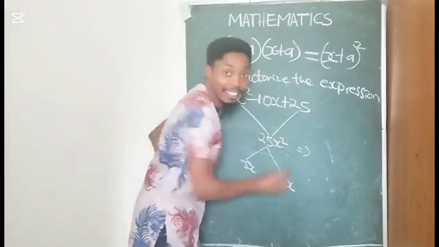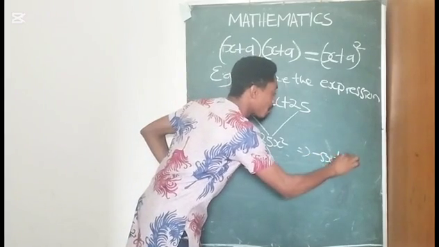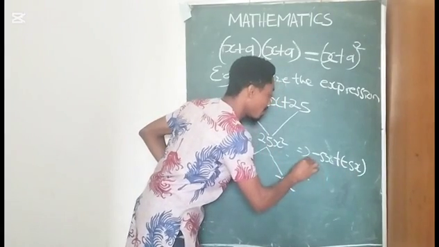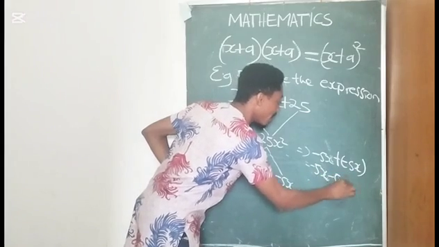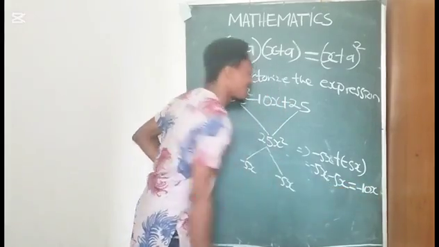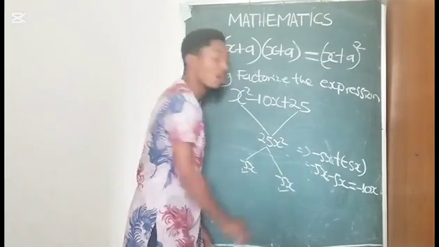Let's add it and see. Minus 5x plus minus 5x is the same thing as minus 5x minus 5x, which obviously gives you minus 10x. That means these factors are correct.